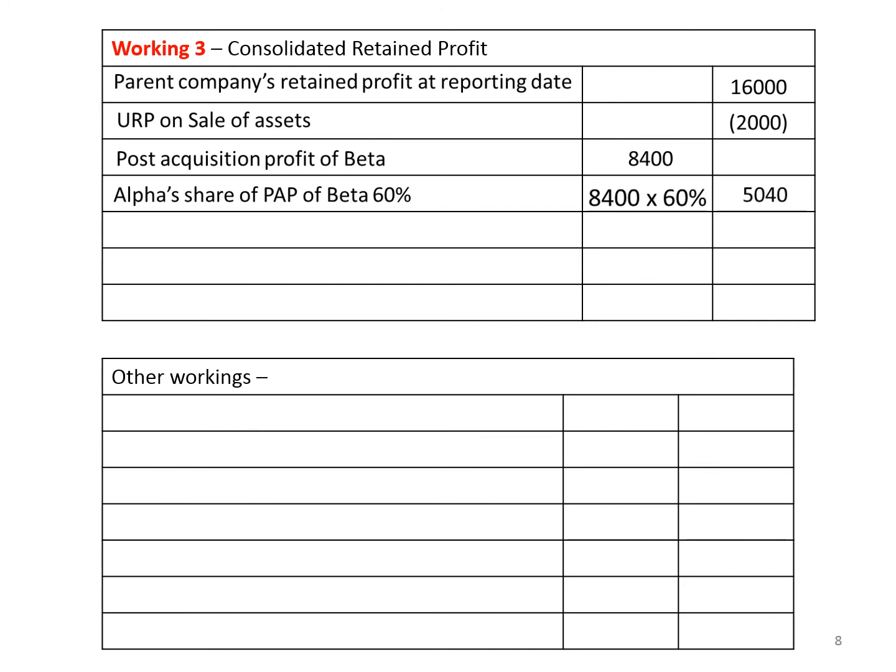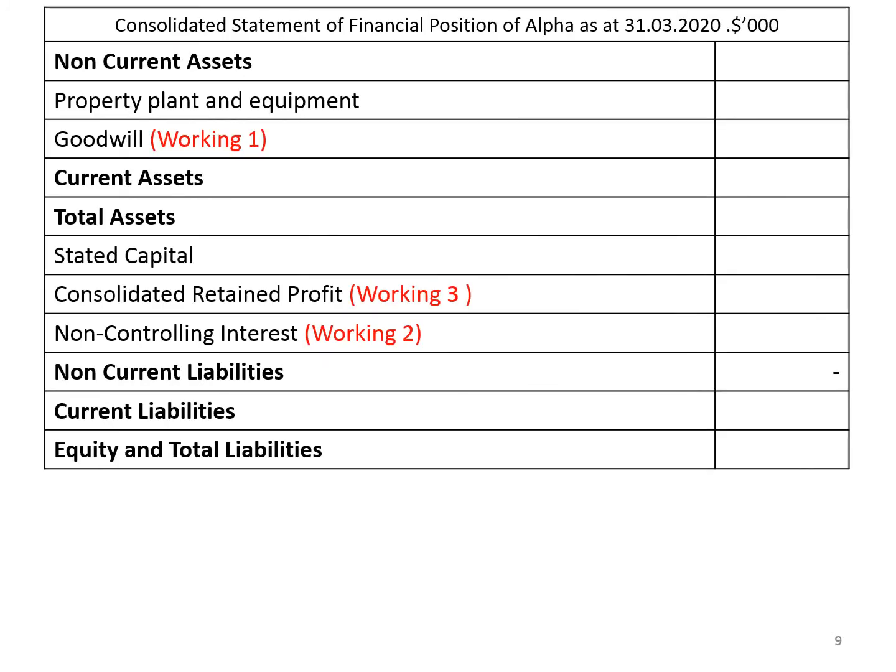So it is $5,040. So altogether the consolidated retained profit is $19,040. There are no more complicated adjustments, so there is no need for doing workings. All other workings are very simple and straightforward. So we can move on to our consolidated statement of financial position.